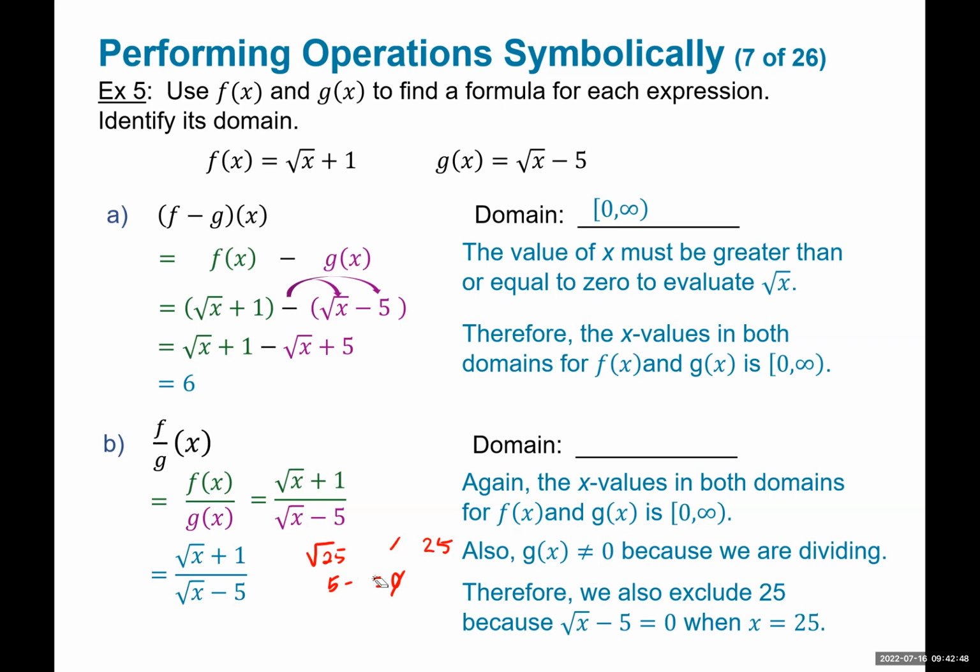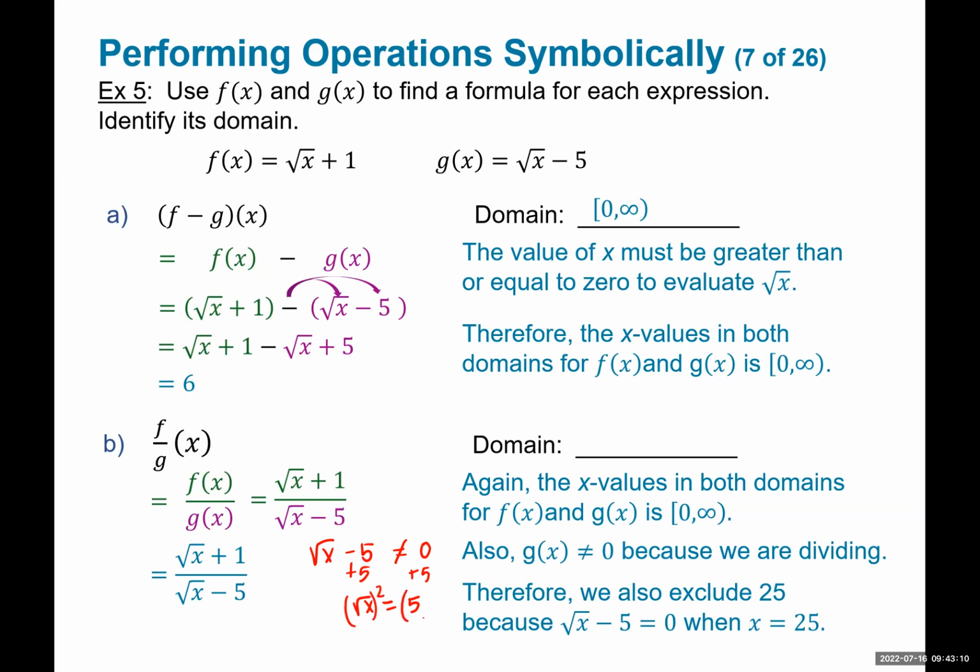Now, another way for us to see that is to do what we always do. Take the square root of x minus 5, so the bottom, and say it cannot equal 0, and work backwards. This question is what square root is equal to 5? We know that's 25.